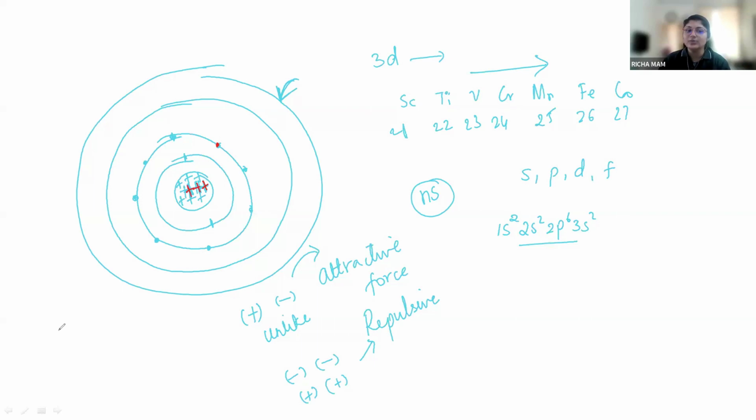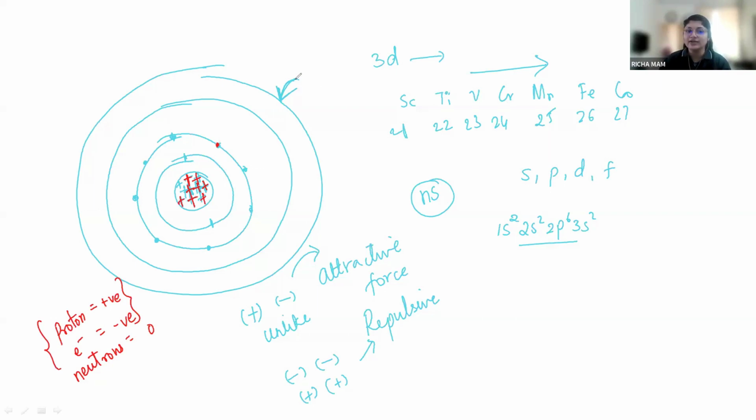Protons are positively charged, electrons are negatively charged, and neutrons are neutral. We are not considering neutrons here, only the protons and the electrons. The attractive force is between the protons and the electrons.